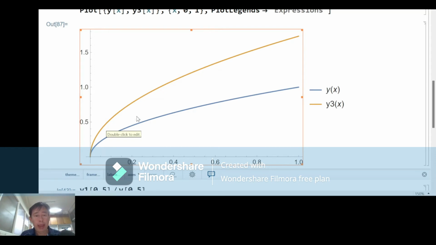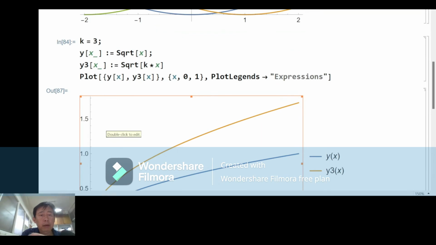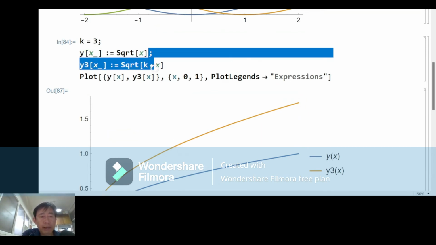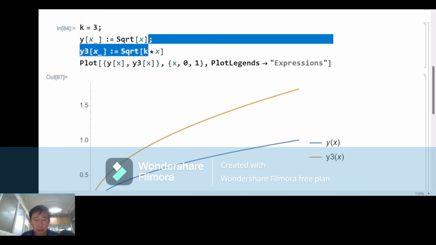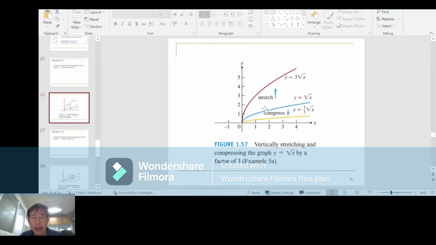So I have now confirmed that by multiplying the argument of y of x by the factor of k, you arrive at the horizontally compressed version of the function. So that is the conclusion I have to make, right?